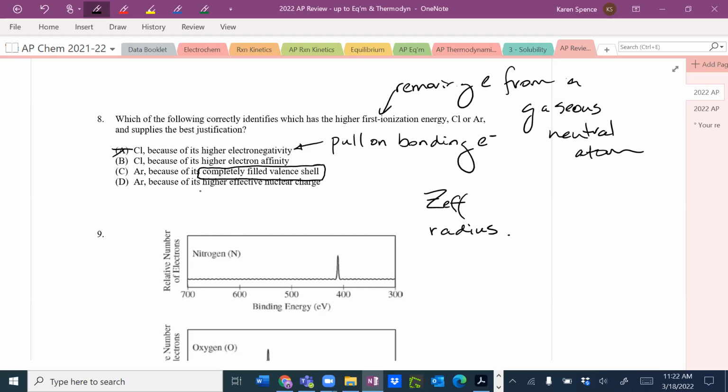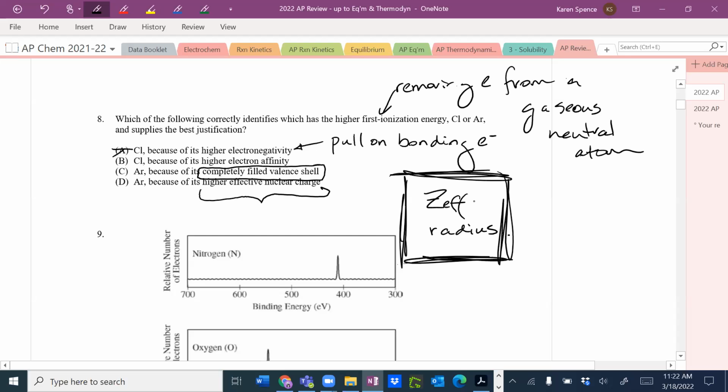It's going to be because argon has the higher effective nuclear charge. Remember, you always want to argue in terms of effective nuclear charge or radius. And if you have a higher effective nuclear charge, it will be harder to remove an electron from the neutral atom. Let's just make sure it does have a higher effective nuclear charge.